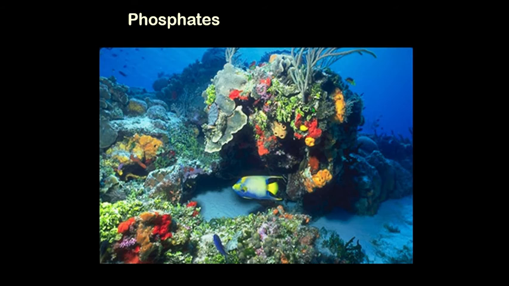Phosphatic deposits, phosphatoids as they're known, are from deposits like this person died, or this fish actually. This fish died and its bones were deposited at the bottom of the ocean and turned into phosphatic rocks, just as all these shelly organisms turned into limestones. As you can see, there's a lot more limestone than there is fish.